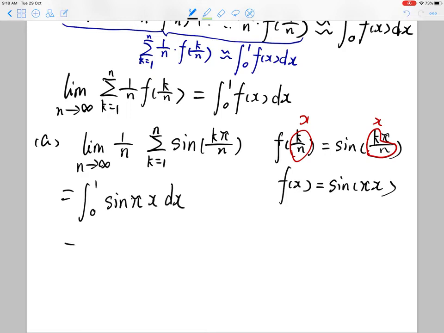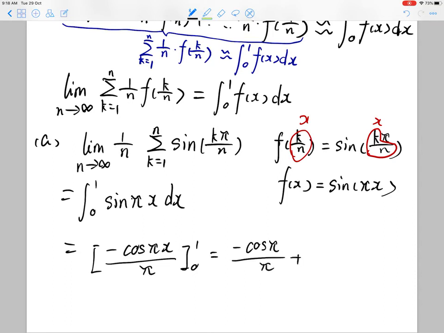Then this part is negative cosine(pi x) over pi, from 0 to 1. So it's negative cosine(pi) over pi plus cosine(0) over pi.